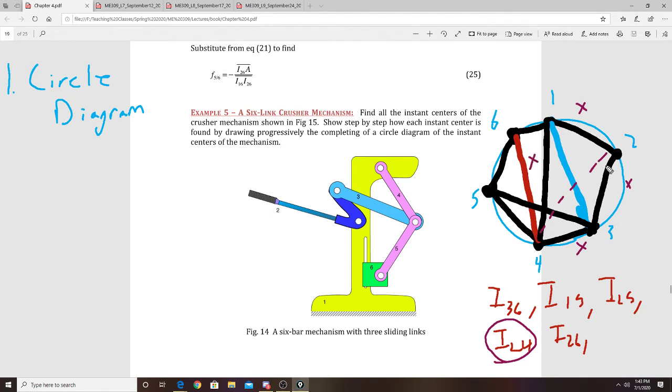So you're using this triangle and this triangle. Let me go ahead and remove those, and then we will find it. So let's start with I12 and I14. So I12 is right here. I12 and I14.